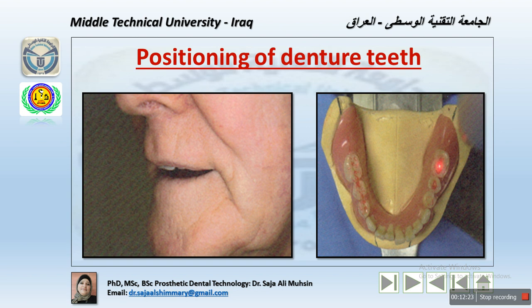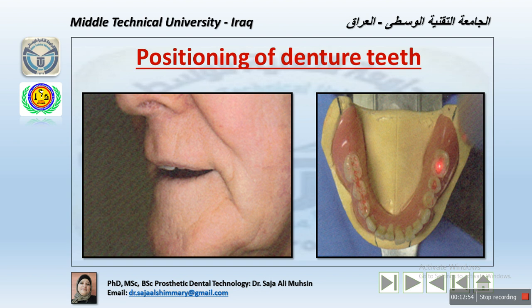To have all these factors within one restoration, we need to point out the most important factors and the steps which aid us in setting the teeth in proper position to get all these factors together and to achieve a proper functional complete denture restoration.